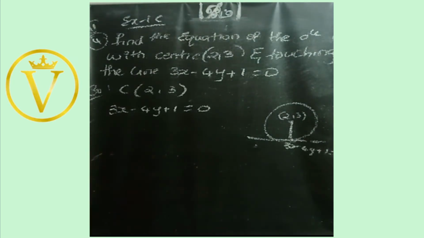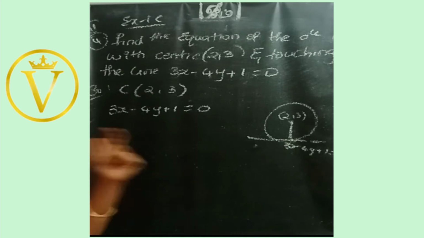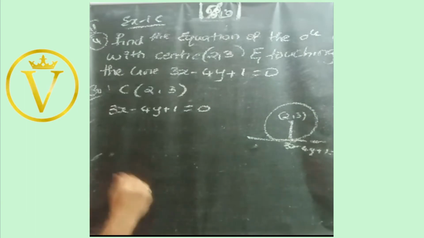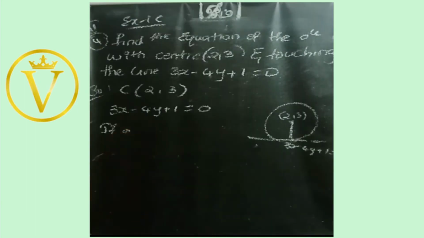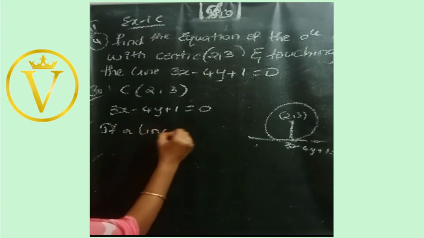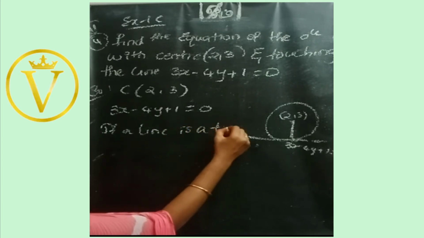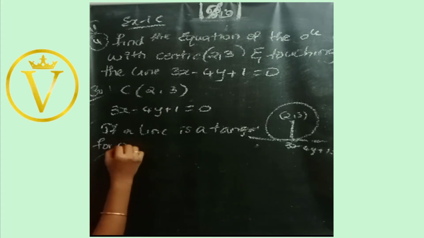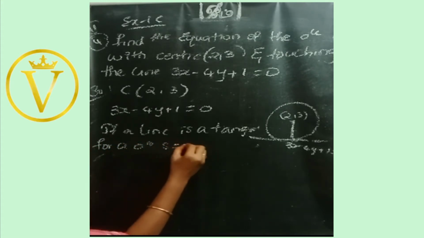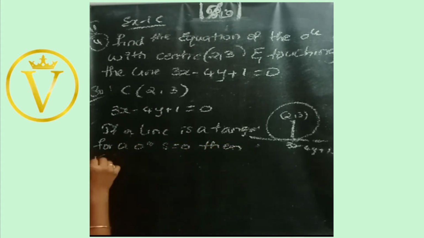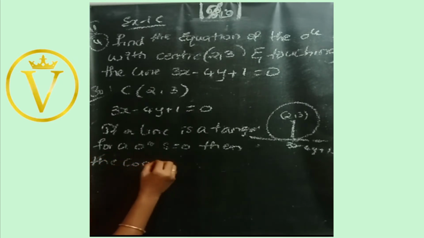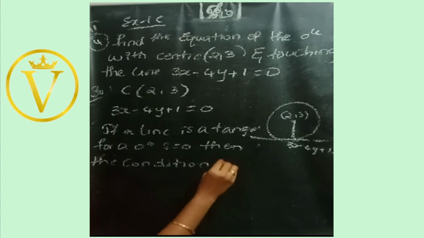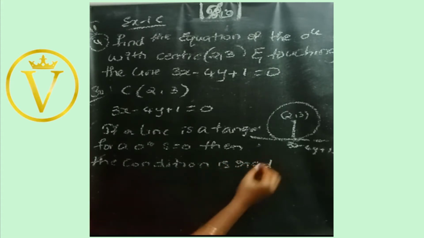That means one condition is there. If a line is a tangent for a circle S equals 0, then the condition is r equals d.